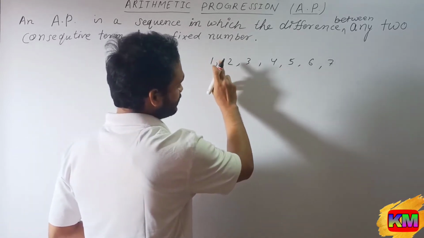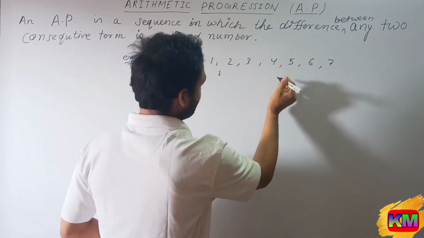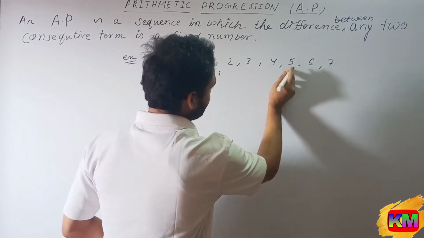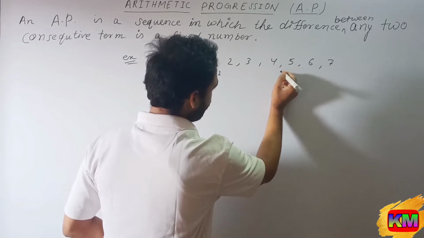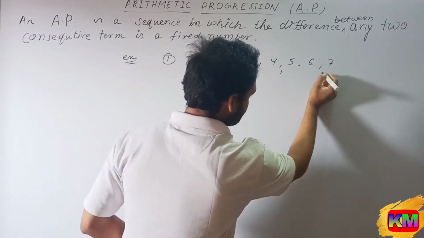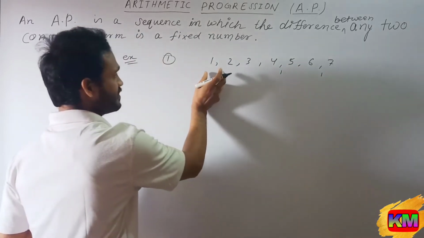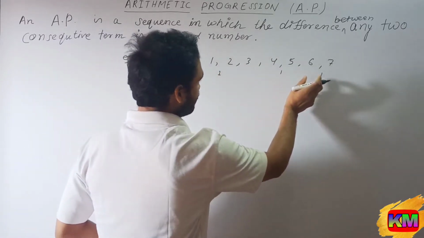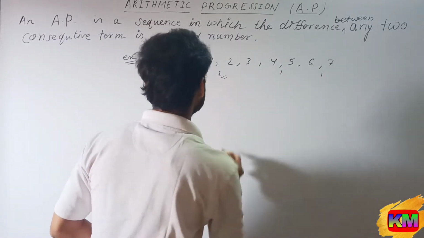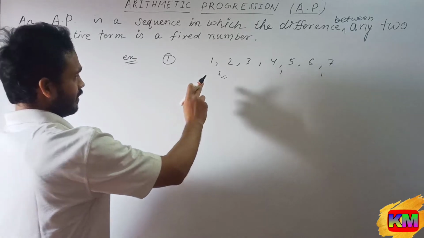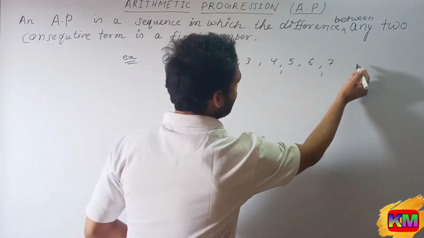Now the difference between the fourth and fifth term is also 1. So the difference between any two consecutive terms is a fixed number, that is 1. So we can say that this sequence is an AP.